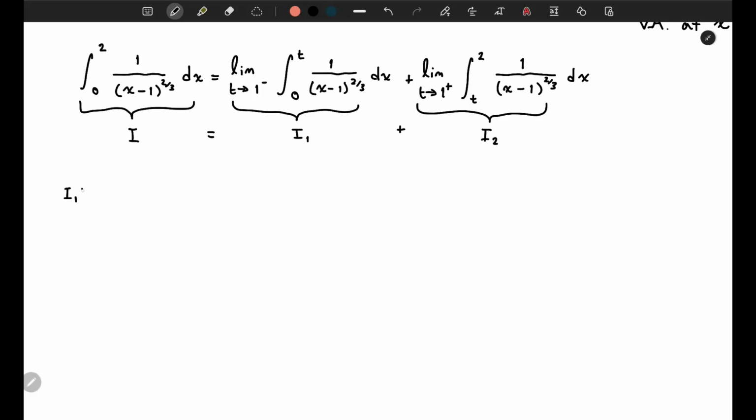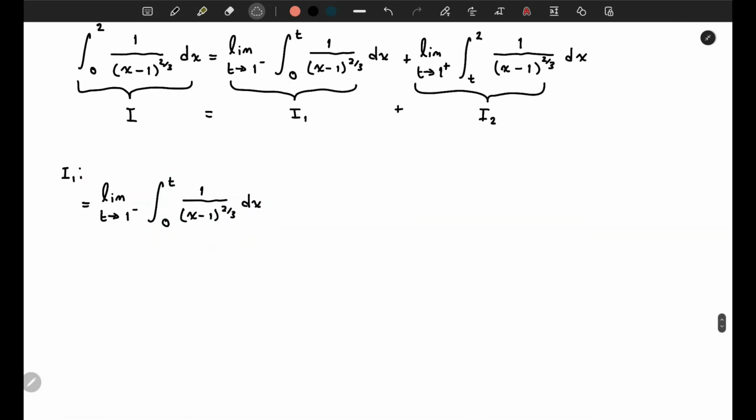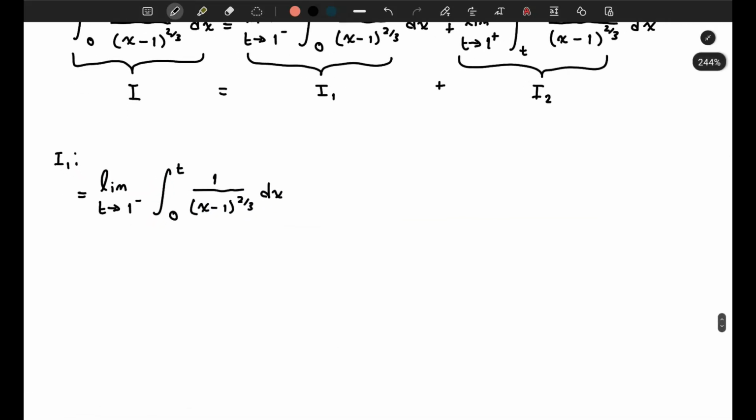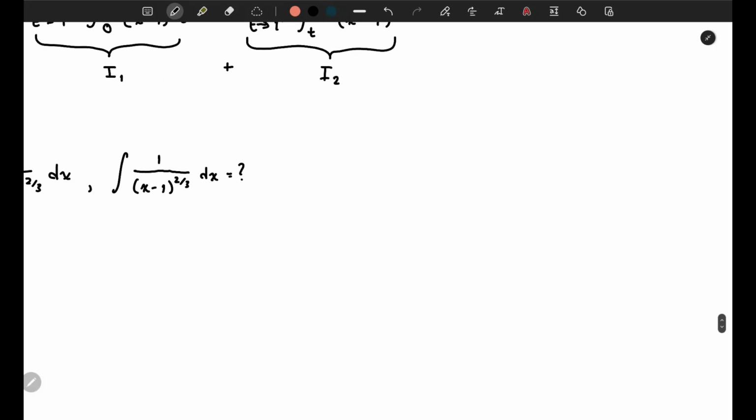So I1 is the following. Let's copy this down. This is what I1 is. For now, let's go ahead and just solve this integral first.